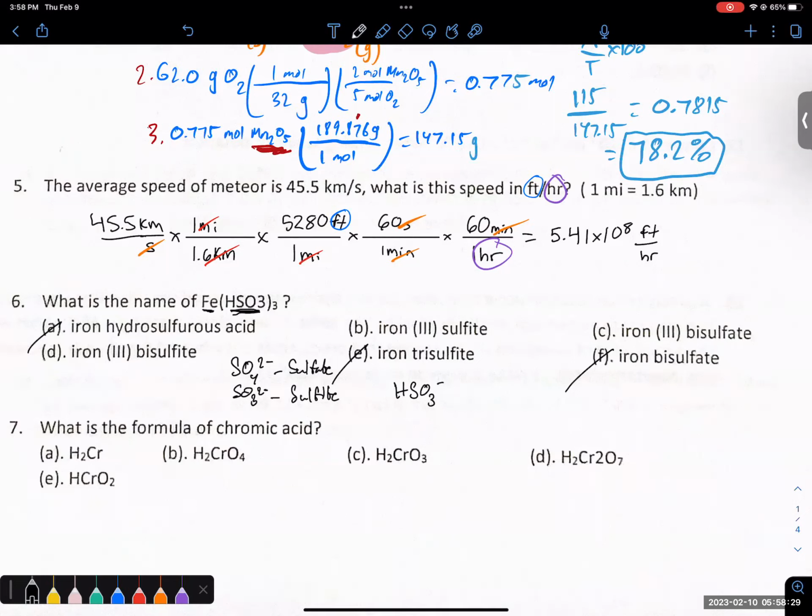Another way of saying this is hydrogen sulfite. So this is either hydrogen sulfite or bisulfite. So we know there has to be a bi in here, so we can cross out option B. The correct answer is D, iron 3 bisulfite. Any questions on how I got to that answer?